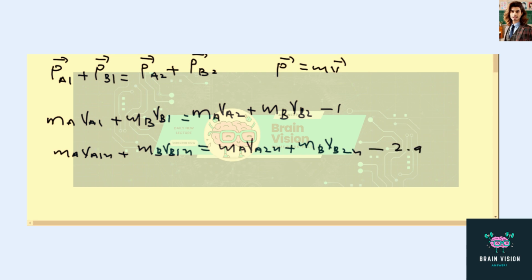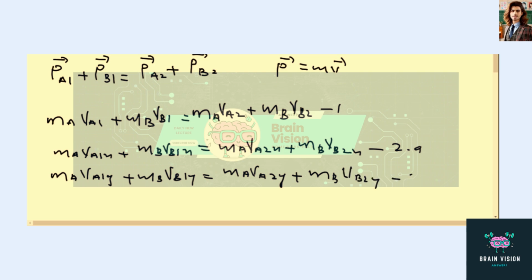And also we have ma times va1y plus mb times vb1y is equal to ma va2y plus mb vb2y. Let's call this equation 2b. Well, now we do calculations, right?